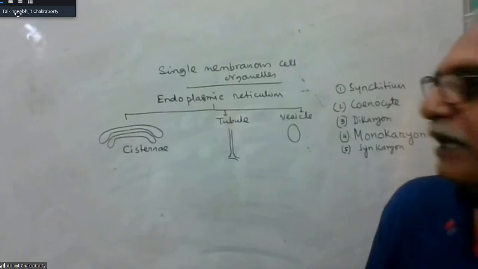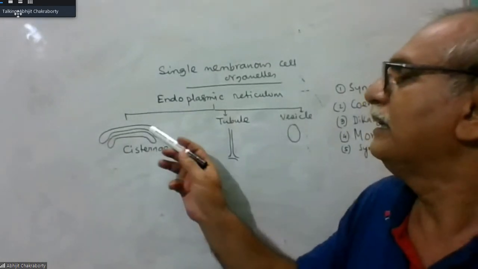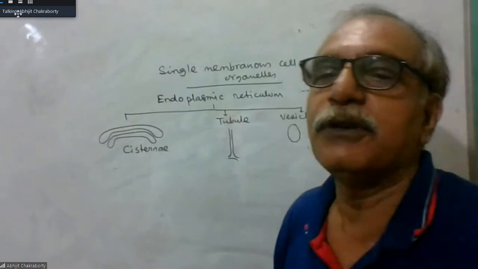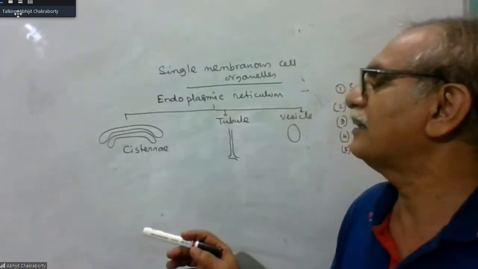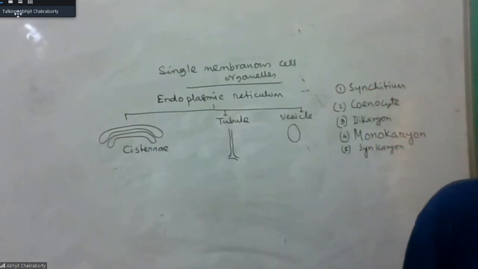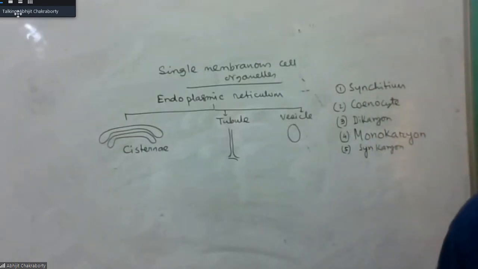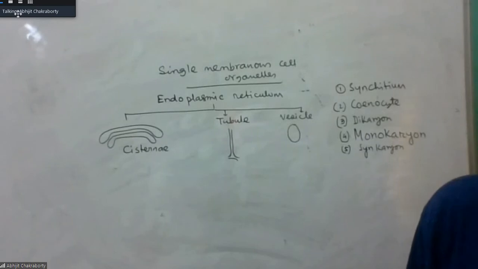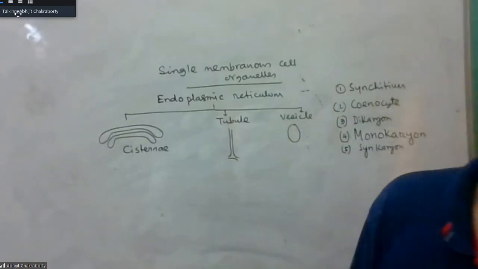So cisternae are found parallel to each other. Each one is called a cisterna; together, in plural form, they are called cisternae. Most importantly, they are found parallel to each other. The tubule is without any branch.